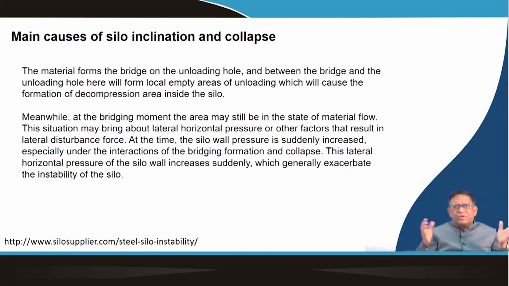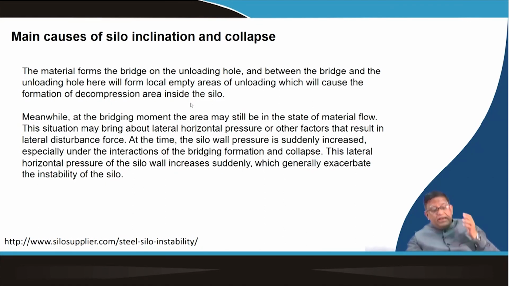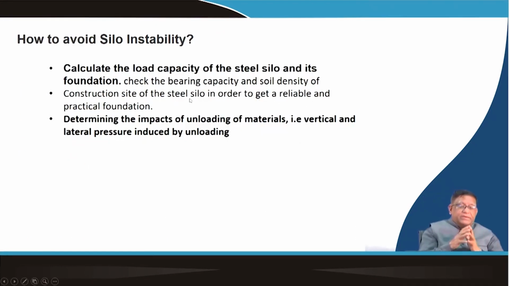These stress fluctuations may again lead to an instability issue. While the material is flowing, the dynamic load which will be coming over there, if not properly designed for, may lead to instability.